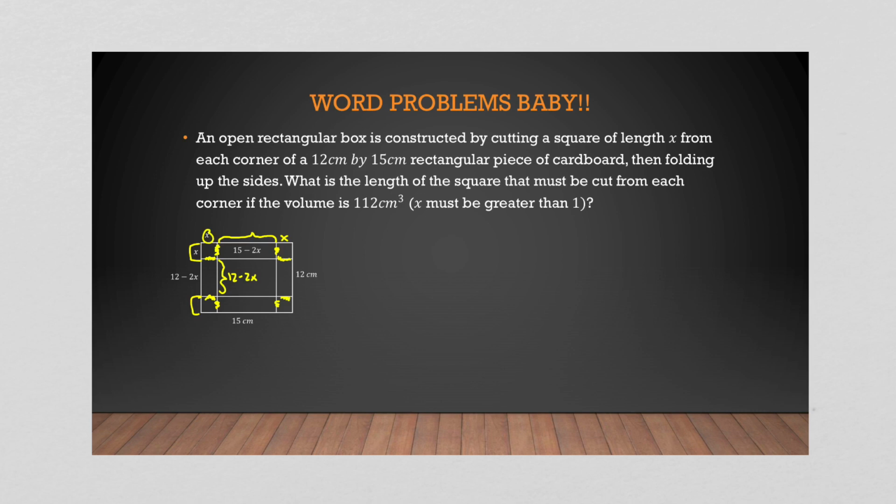So in this, we get a volume, which is now x times 15 minus 2x times 12 minus 2x, and the volume is 112.